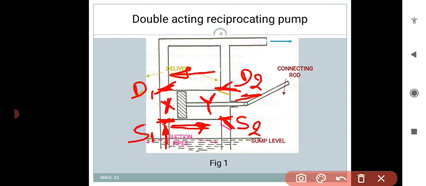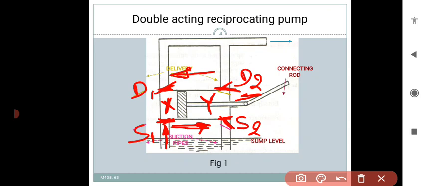The suction is created at the Y side and high pressure is built at the X side. Therefore the suction is through valve S2 and the delivery through valve D1. So in these cases the discharge from the double acting pump is more uniform than the single acting reciprocating pump.